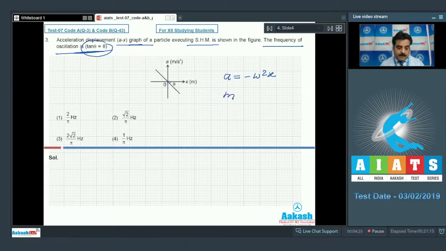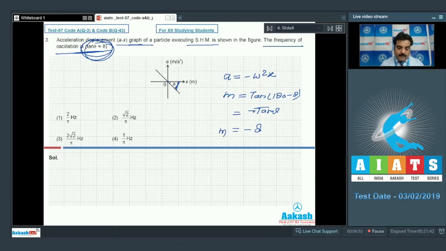If I concentrate on the slope, you can see this angle is theta. So I can write m is equal to tan theta, and the angle will be 180 minus theta as per the graph. So tan of 180 minus theta will be equal to minus tan theta, and as per the question tan theta is equal to 8. So we can take minus 8 as m, right?